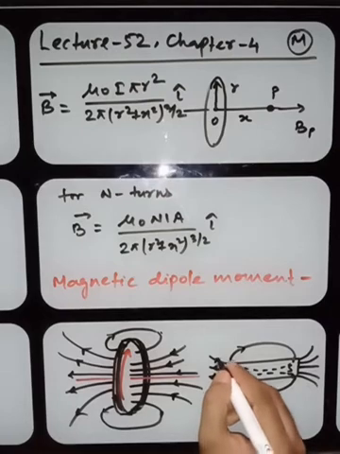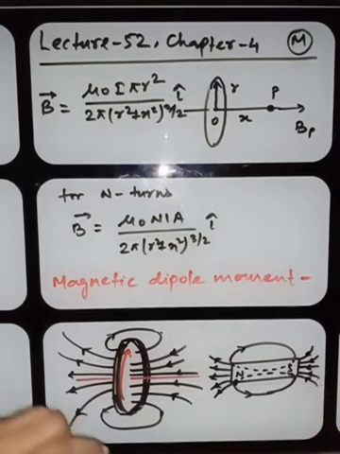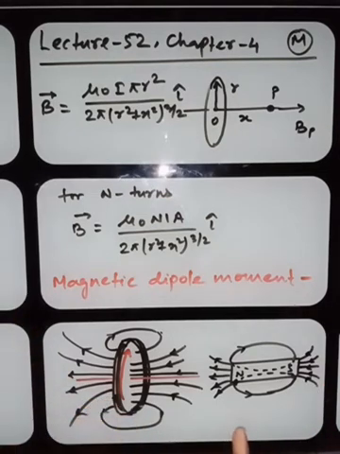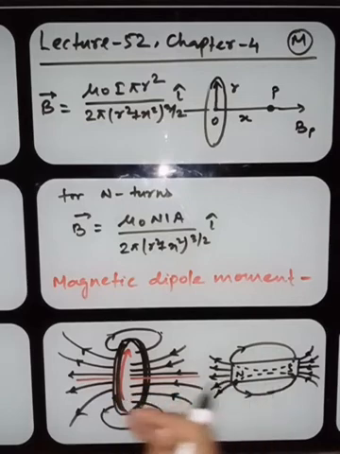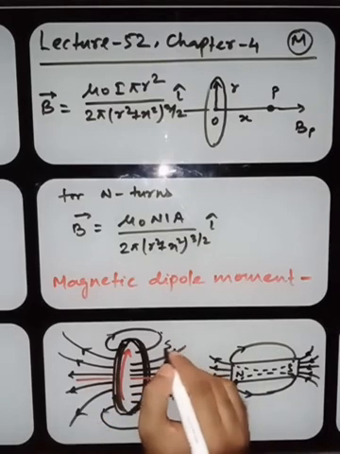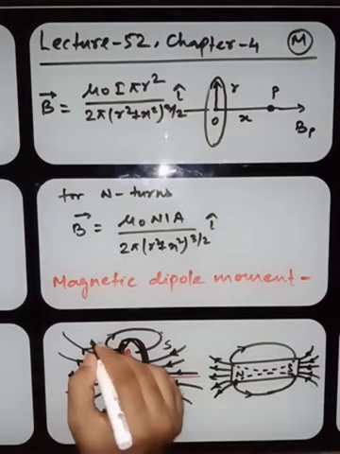Now you can compare both diagrams. You will see there is a similarity. It means a current carrying loop is considered a bar magnet. The face at which the field enters is the south, and the face from which the field lines exit is the north.